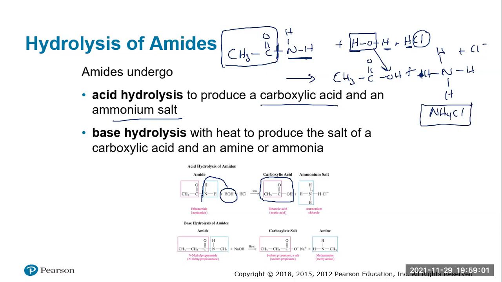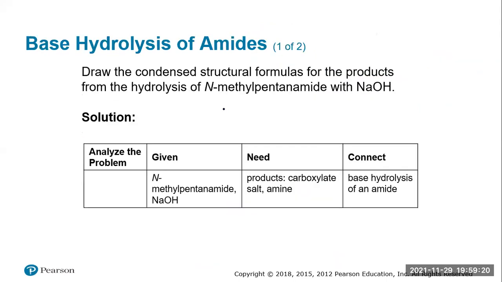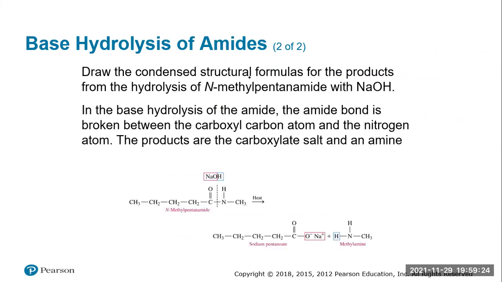If you do the base hydrolysis with heat, you produce a salt of the carboxylic acid, and you get the amine or ammonia back in that particular reaction. Let's take a look at that one here. If we do our sodium hydroxide, same idea, we're going to break it right there.